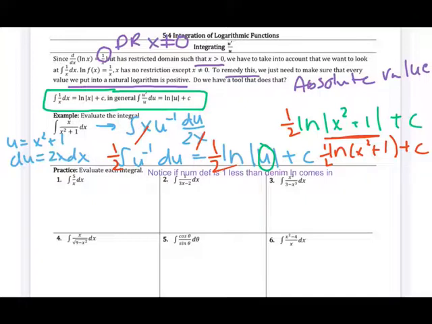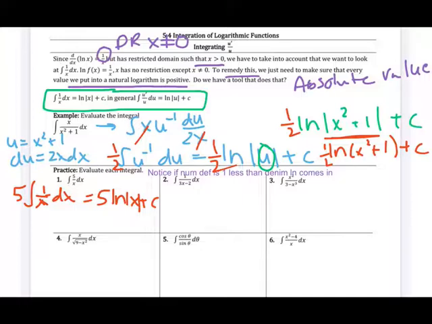So number 1, I could really rewrite this as 5 times the integral of 1 over x dx. And that would give me 5 natural log absolute value of x plus c. Now, for number 2, this is one that's really easy to see undoing the chain rule on.